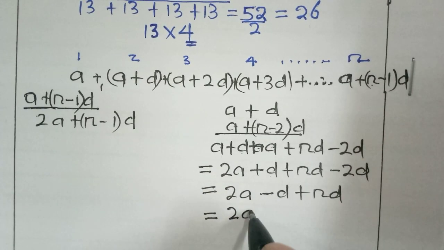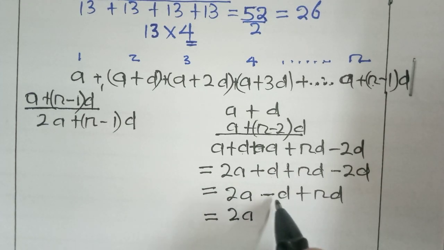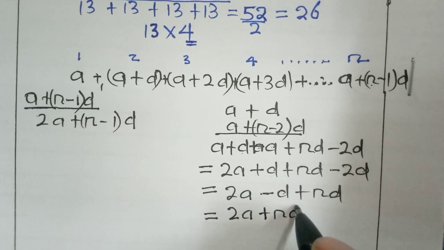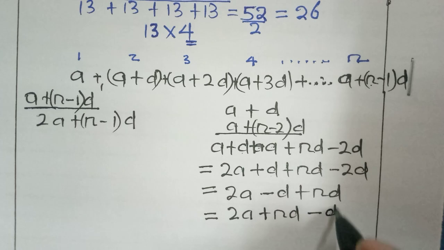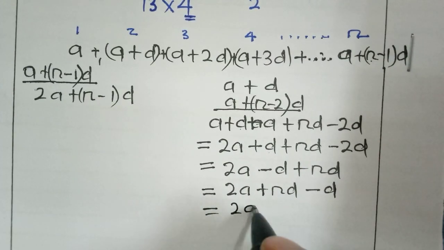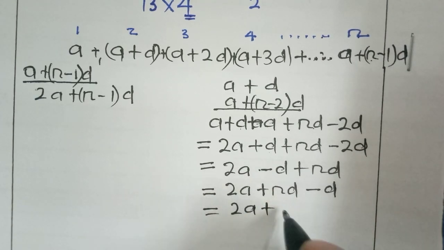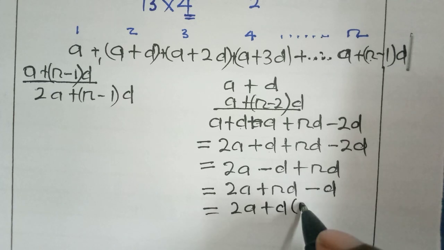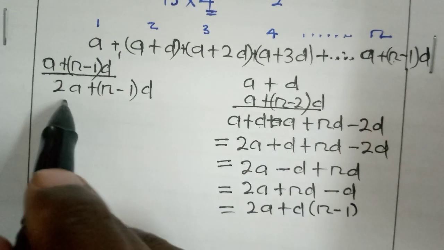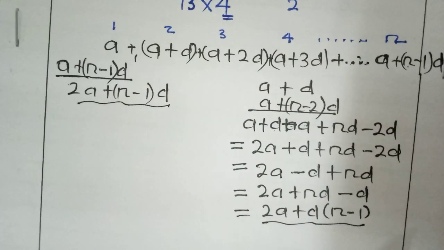That is 2a. Then we can reverse, we put this one here so that we have plus nd minus d, like that. And so we are going to have 2a plus d times n minus 1. As you can compare this and that, you can see they are the same.